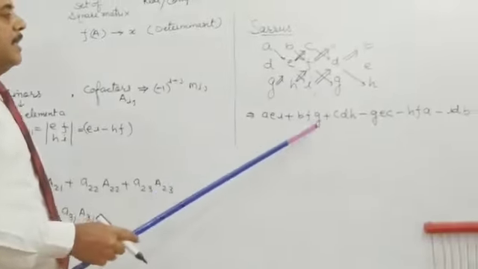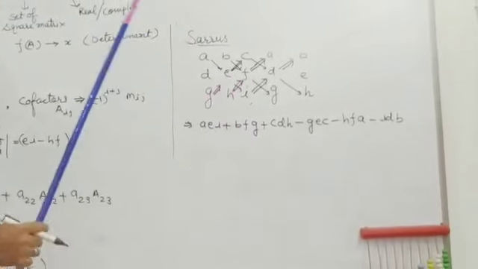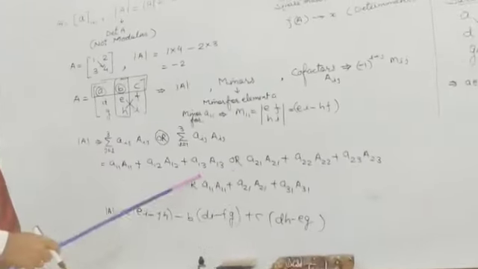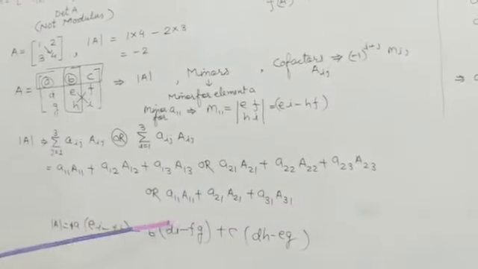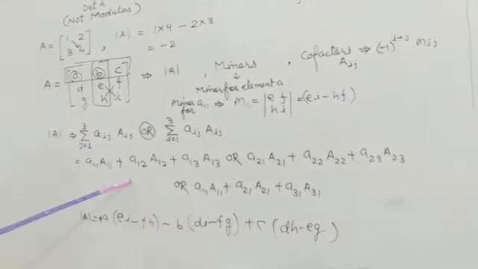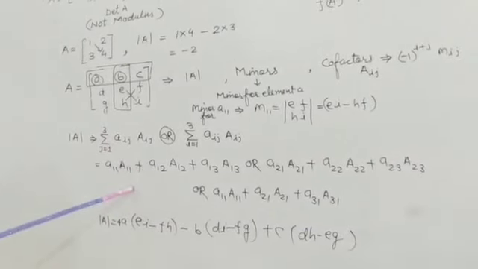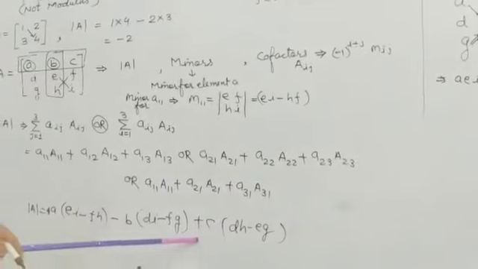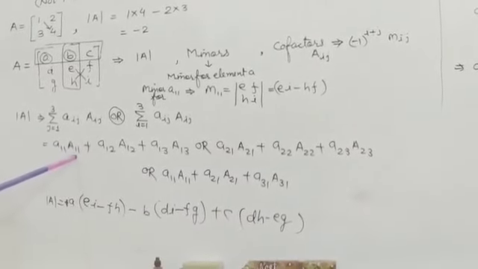So this is the easiest and direct method, but we prefer solving by this method in the 12th board class. So whenever questions arise in board class, if you are preparing for it, then solve by this method of element into cofactor.